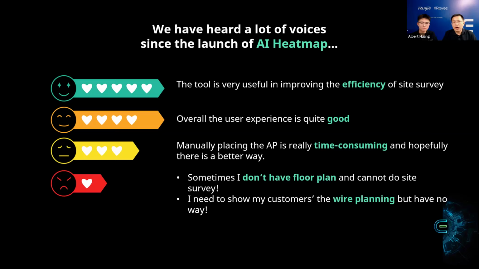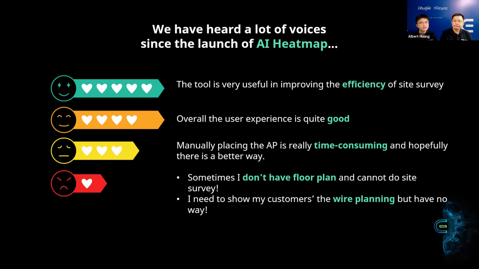That's true. I have also heard of many similar feedback. That's also what we are improving in our AI Heatmap. In version 8.1, we launched the auto AP placement feature, and we also plan to release 2 new features soon. They are auto cabling and AR site survey.